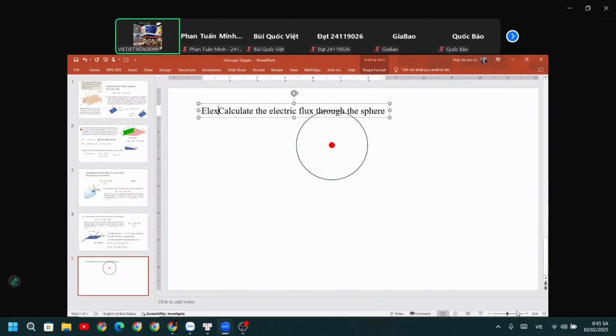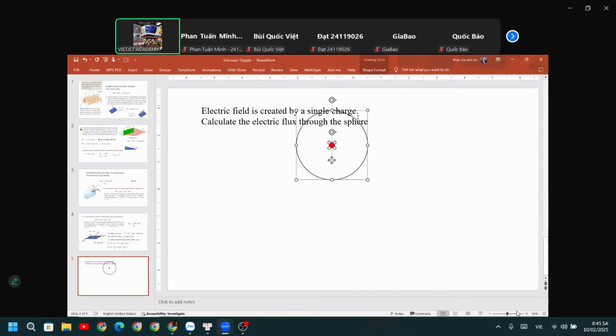The electric field is created by a single charge. Okay, this is the case we have here.